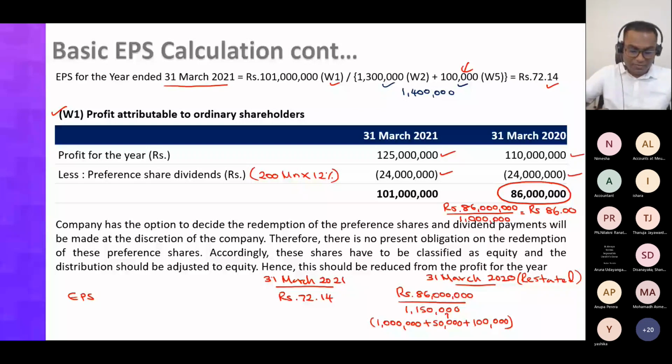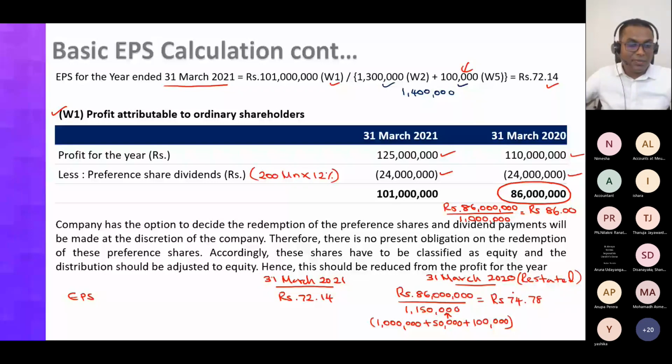What is the value? Rupees 74 and 78 cents.